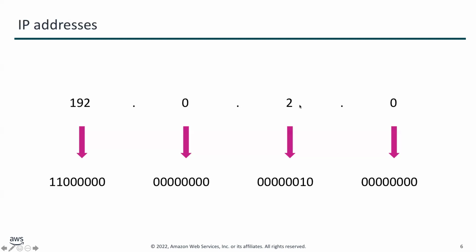But when computers process it, everything in a computer is converted into binary, right? So these IP addresses, the name or identifier of a computer, will also be converted into binary. Now, the dots separate numbers from 0 to 255.